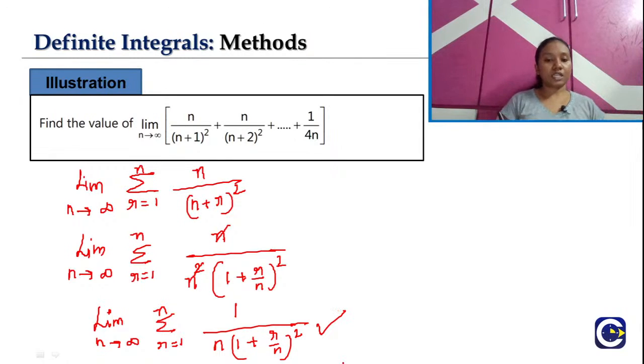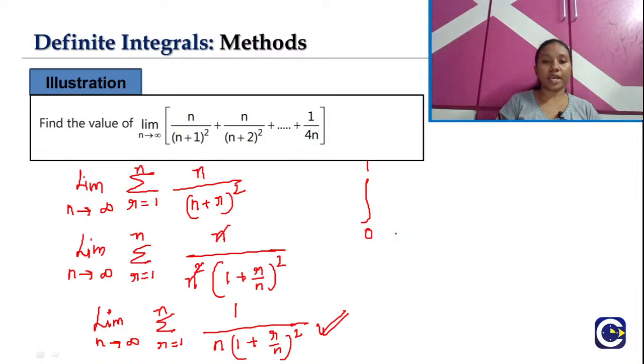So if you could get until this rth term of our given infinite series, the next step will be conversion of this rth term into our definite integration format. So in place of this limit and sigma, we will be substituting this integral, and r is from 1, so it will be limit 0 to 1.